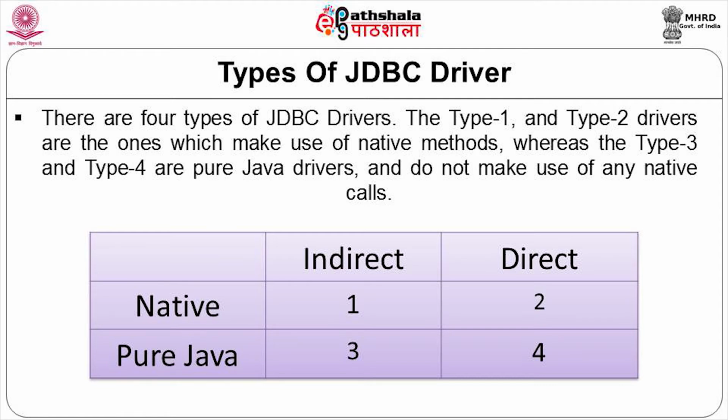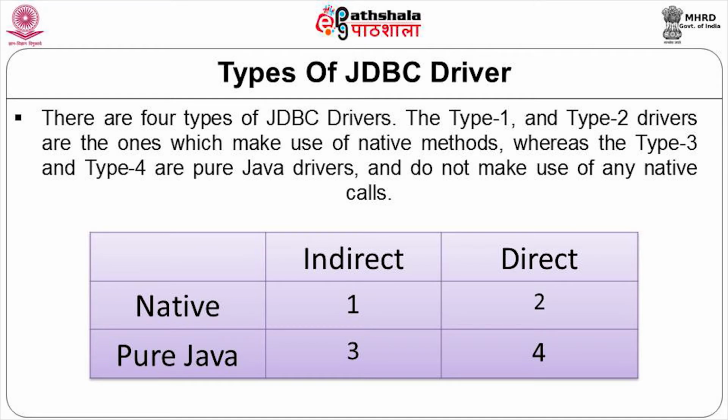So there can be different ways of implementing JDBC drivers. We have JDBC drivers categorized into 4 types. The two criteria used for categorizing them are: whether this driver directly talks to the database or is indirect, and second, does it require some native API or is it pure Java?